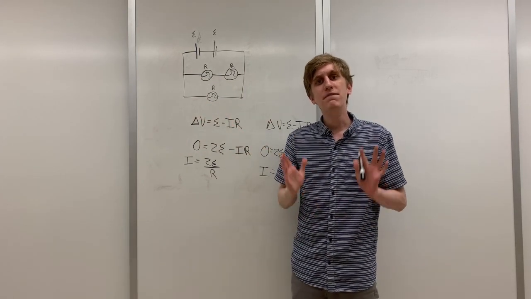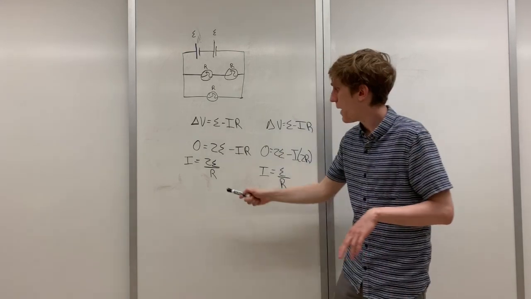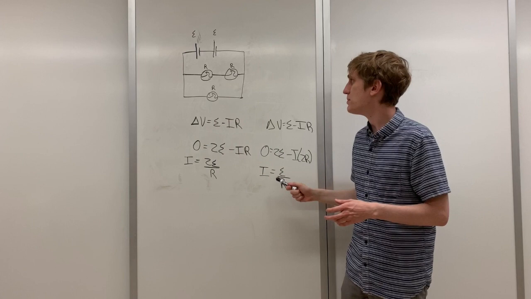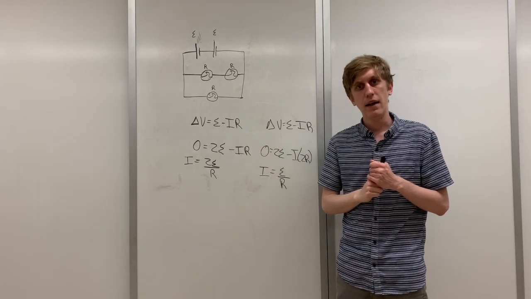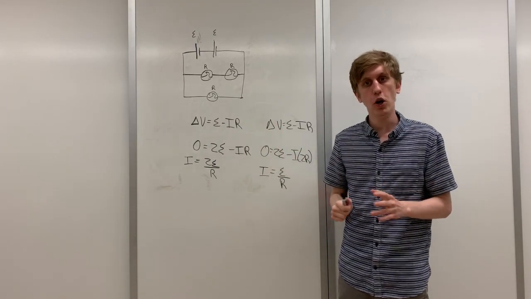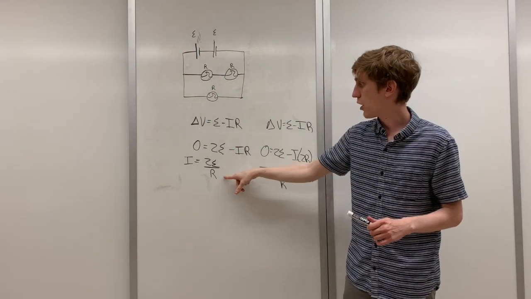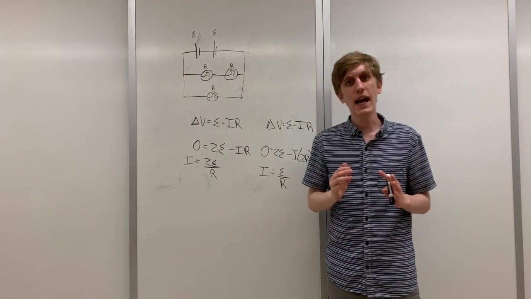But we've already found those currents. They are 2 epsilon over R for the lower path and epsilon over R for the higher path. So the total current that's flowing around this circuit is just this current plus this current, 3 epsilon over R.